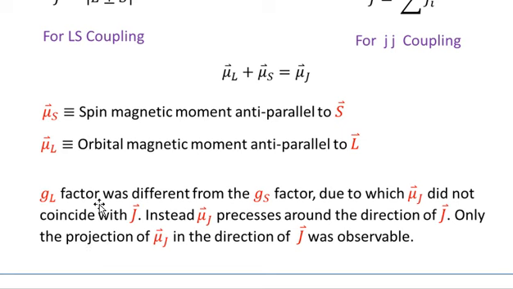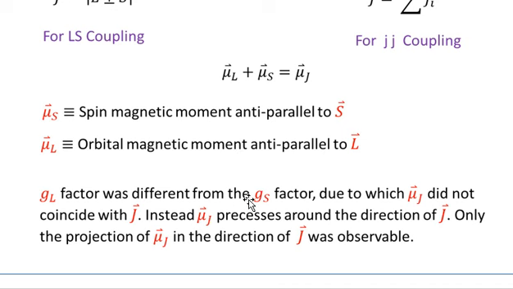Then there is the g_L factor, which is the Lande g_L factor. The g_L factor was different from the g_S factor, because for the spin we have the g_S factor and for the orbital quantities we have the g_L factor, and we have discussed g_L and g_S in much greater detail in one of the previous lectures.